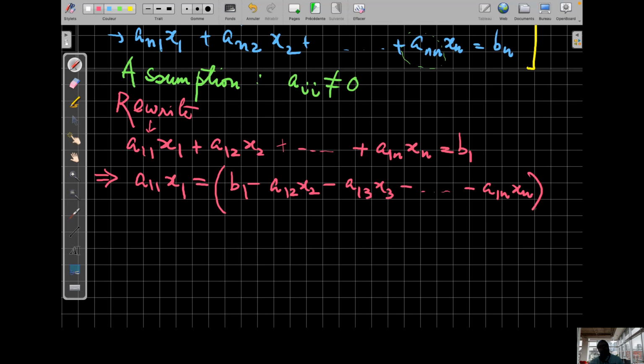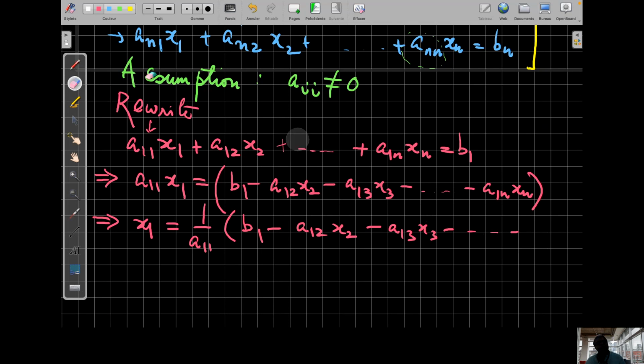Now if I again rewrite this, I can write it like this: x1 equals 1 upon A11 times B1 minus A12 x2 minus A13 x3 minus so on and so forth minus A1n xn.